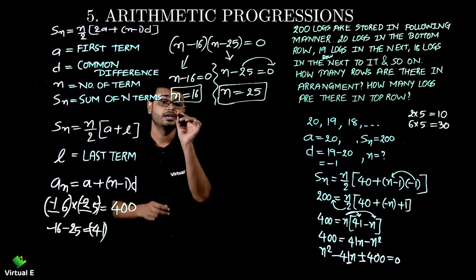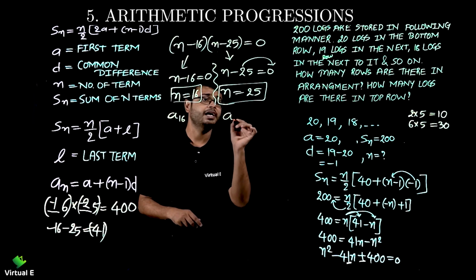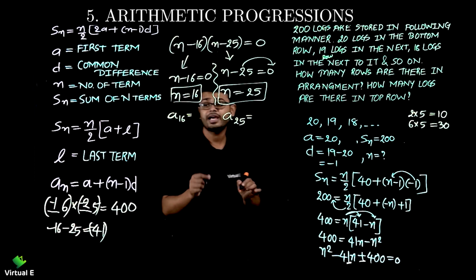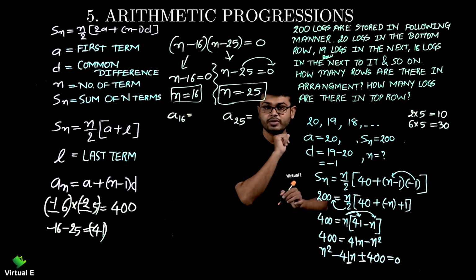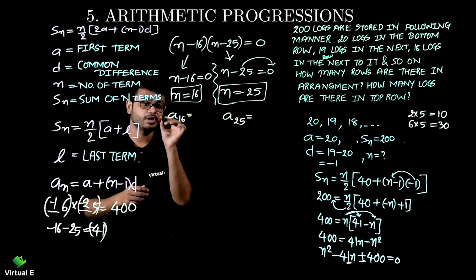I'm going to find A16 and I'm going to find A25, right? I have the value of a as 20, value of d as minus 1. So let's do it. A16, what's the formula?